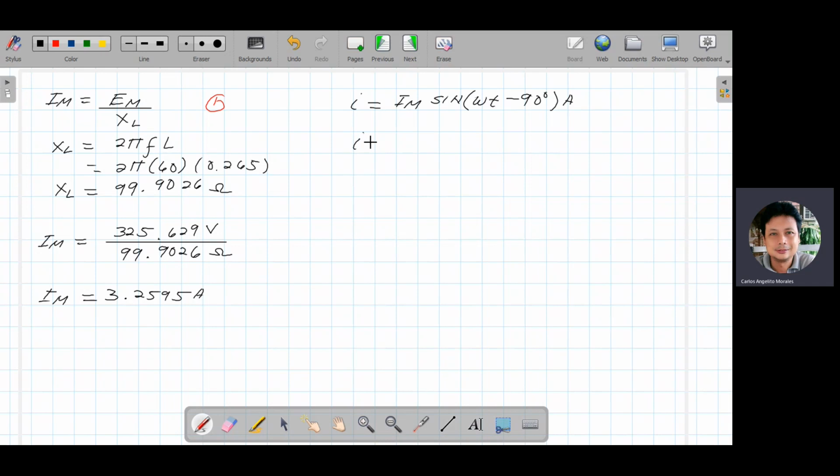Therefore, I is equal to 3.2595 sine of 377t minus 90 degrees.